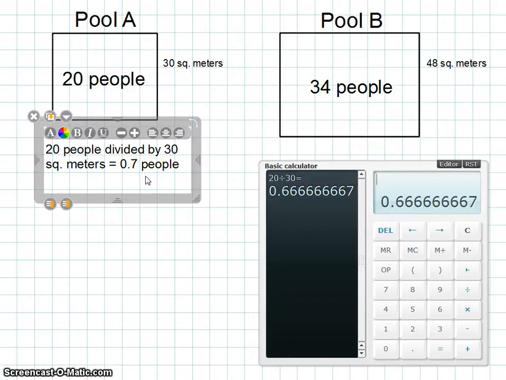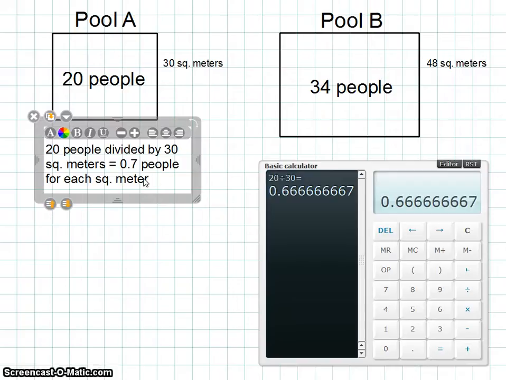What exactly does 0.7 mean? It means that's the number of people for each square meter, because we divided 20 people into 30 square meters.